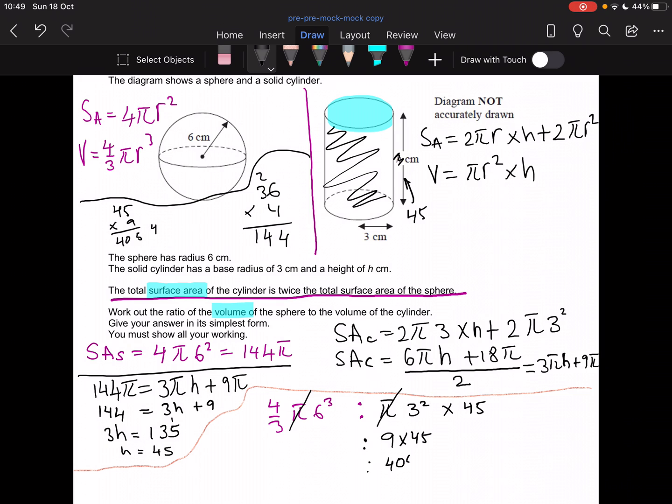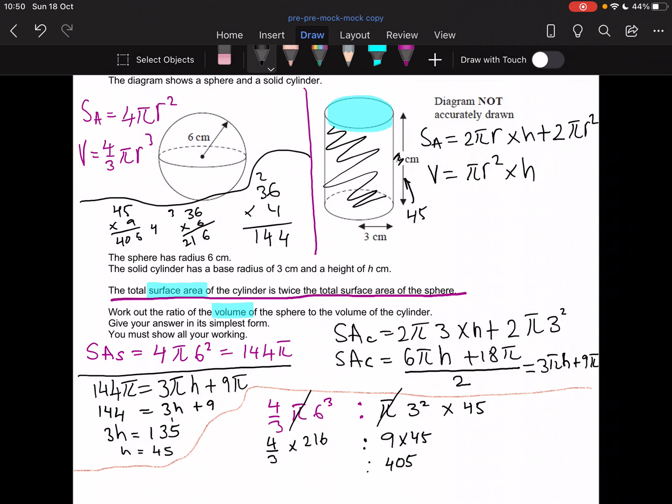So that's 405. And now I need to do this beauty, which is 6 cubed. So I know 6 squared is 36. And I need to do 36 times 6 again. 6 times 6 is 36. Write down 6, carry 3. 6 times 3 is 18, plus 3, 21. So that's 4/3 times 216.